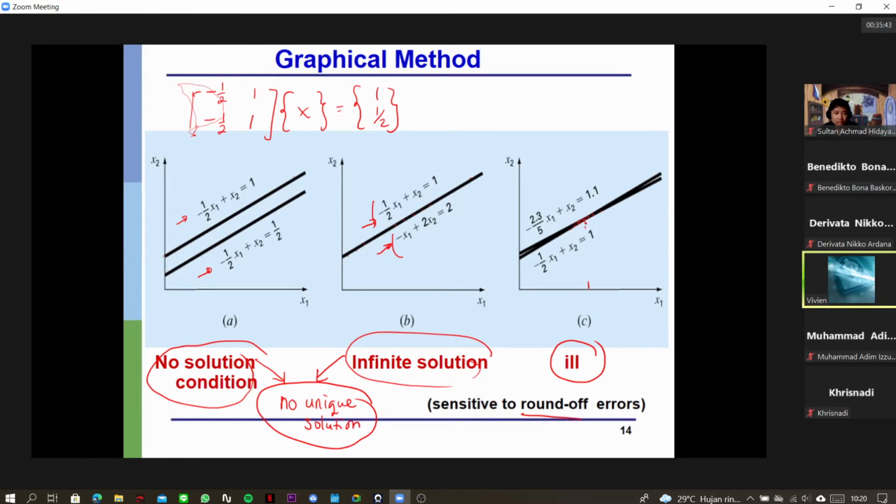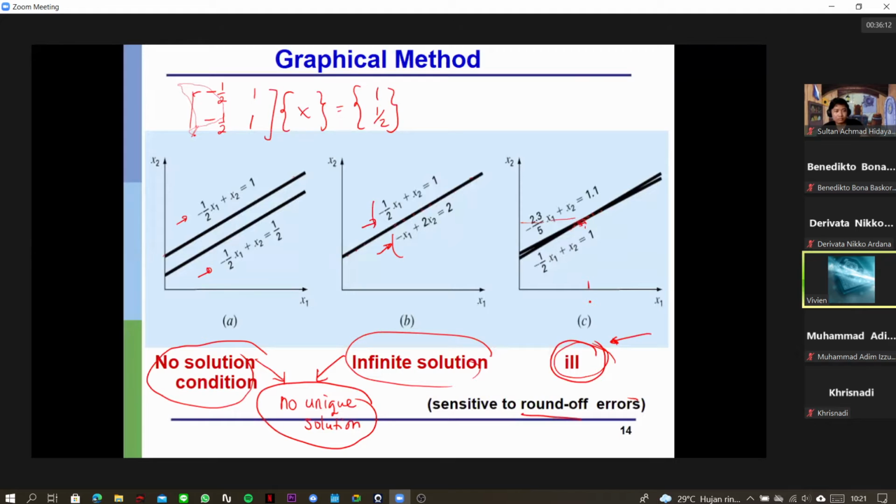We move a bit here to the left, and the result of x2 can be very different. So this is sensitive to round-off error, and this is ill condition. Sometimes, in actual cases, those cases fall into ill condition systems, so it is a little bit different to get the solution.